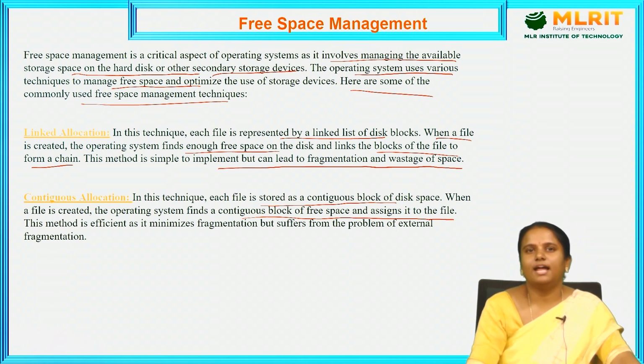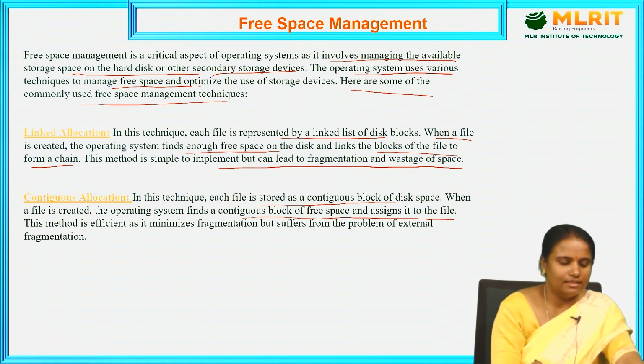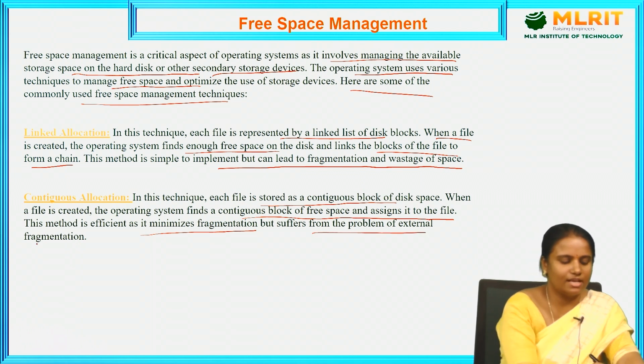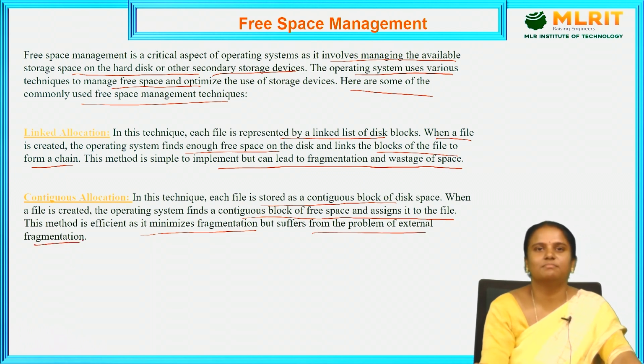If free space becomes available, then a file can be assigned to that place. This method is efficient and it minimizes fragmentation, but suffers from the problem of external fragmentation. So fragmentation may be minimized, but the problem arises with external fragmentation. This is what happens in contiguous allocation.